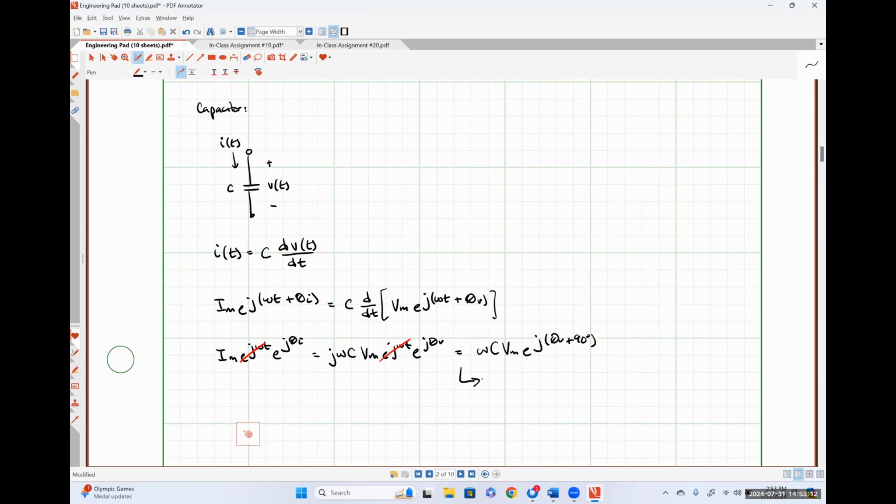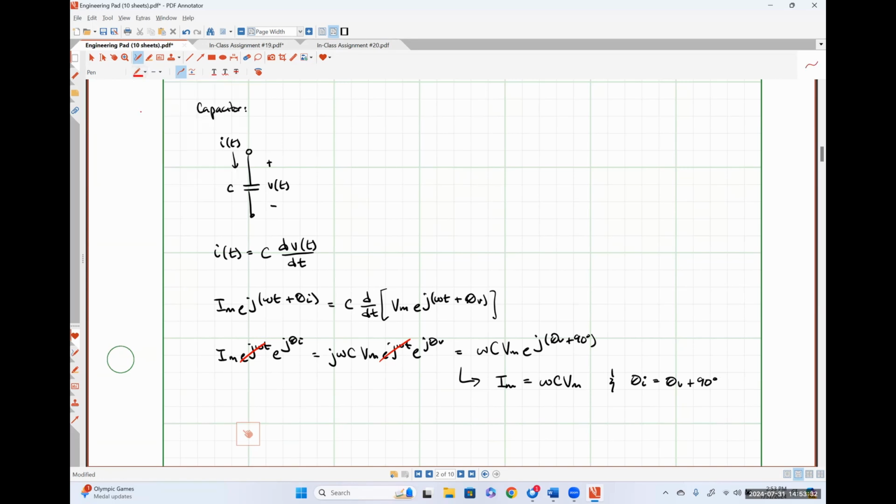And we could observe from this that the magnitude of the current Im is equal to omega C times the magnitude of the voltage. And we would see that the phase angle of the current theta I is equal to the phase angle of the voltage plus 90 degrees.